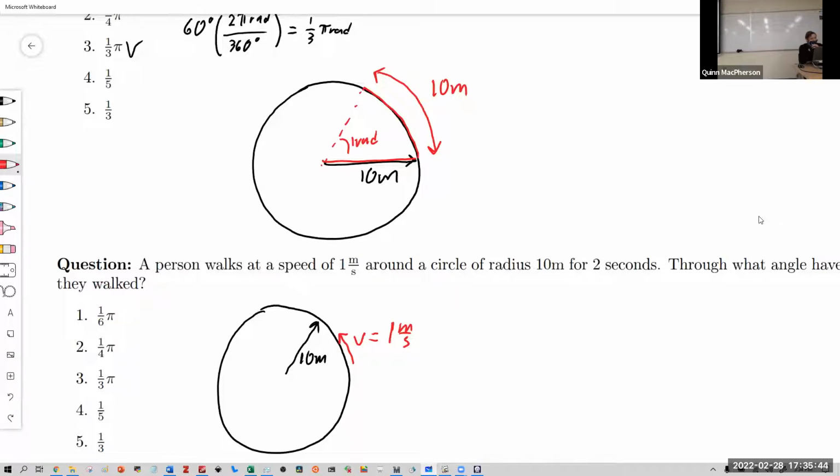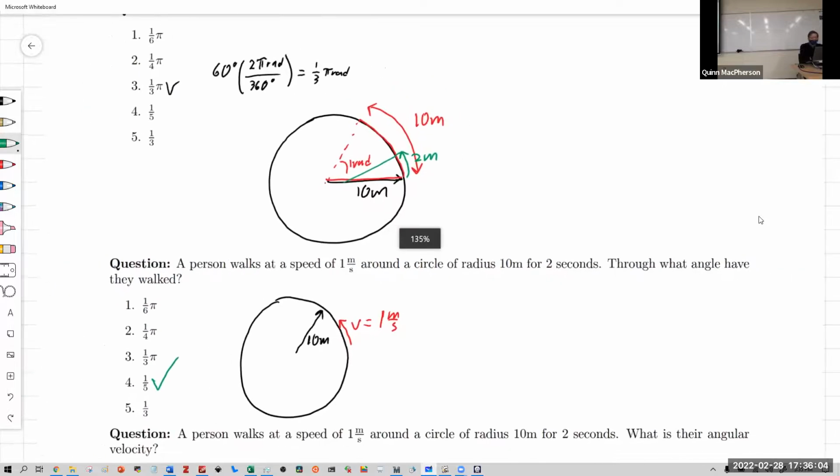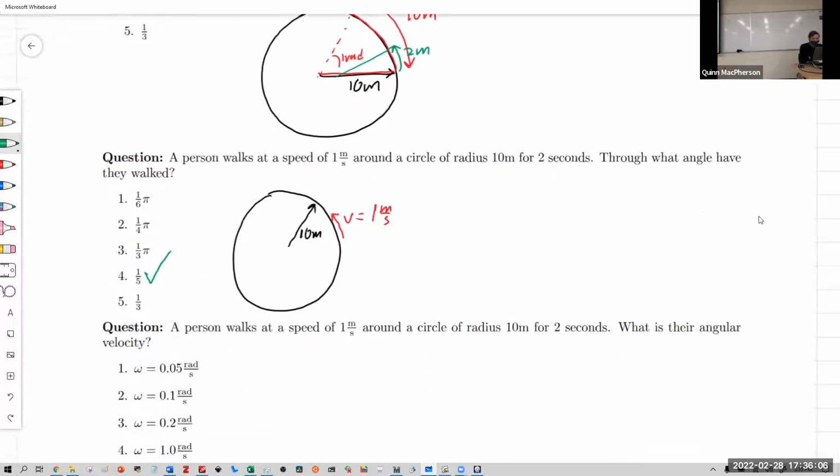How far did we go? 2 meters. So how much of a radian did we go? 1/5, because we went 2 of 10. Questions? Okay.